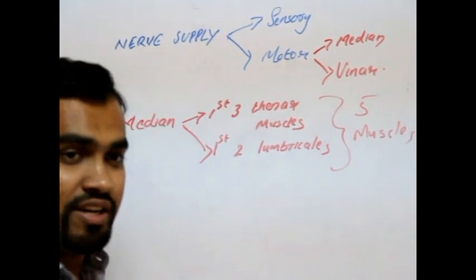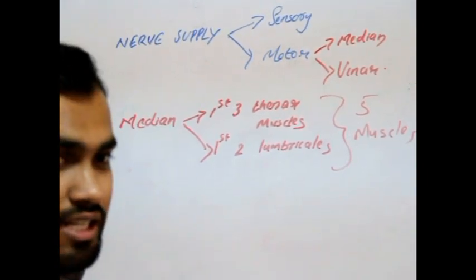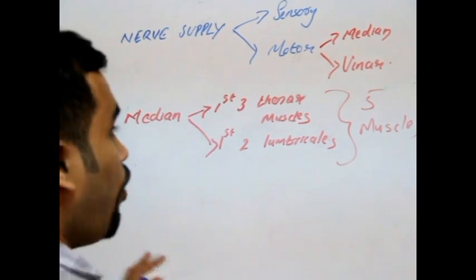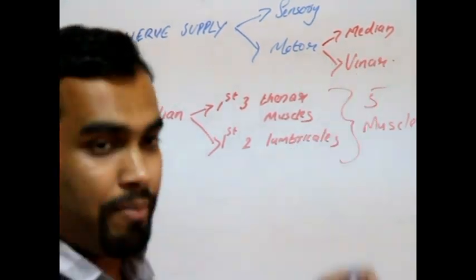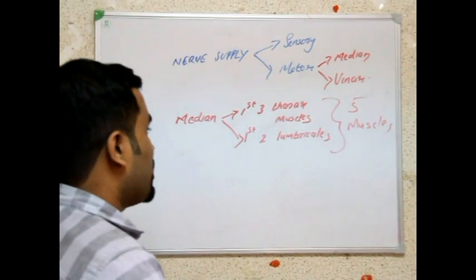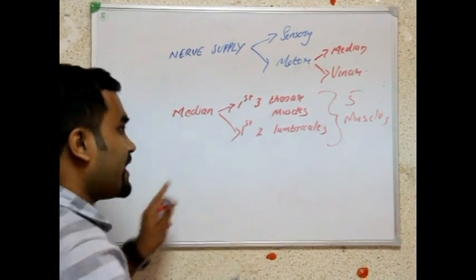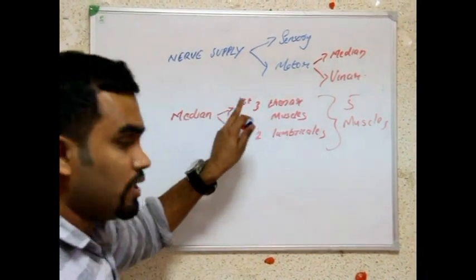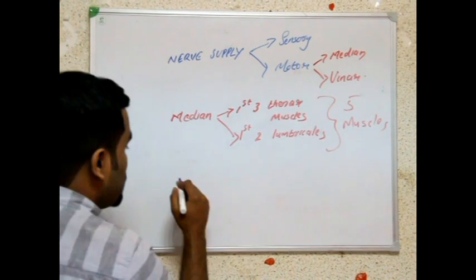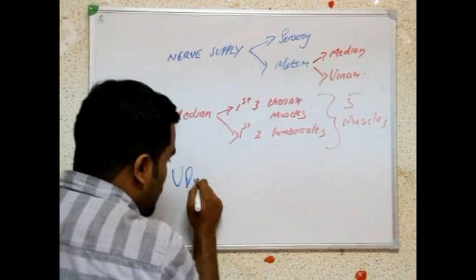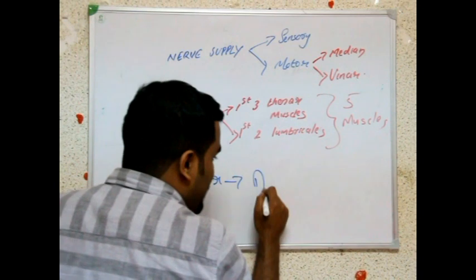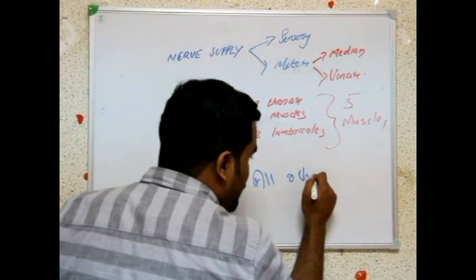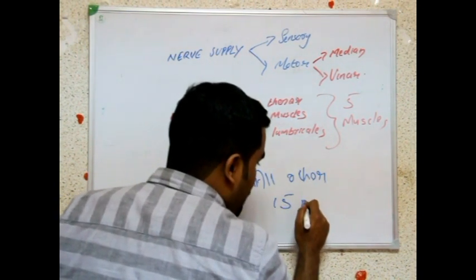How many muscles do we have in intrinsic total? 20, right? So 15 is left. All other 15 are supplied by ulnar nerve. So it's easy to remember. What muscles does the median nerve supply? That are first three thenar muscles and first two lumbricales. So ulnar, all other 15 muscles.